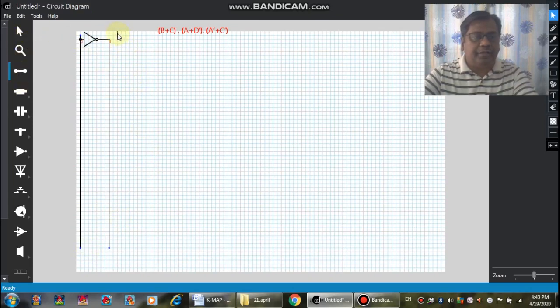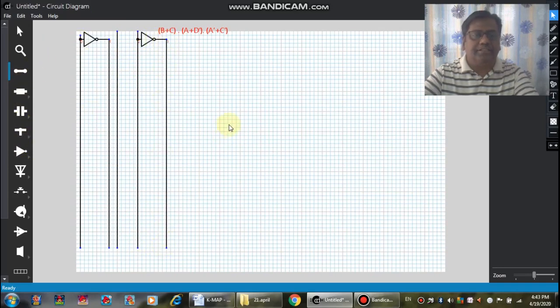Next we will create a line for B. We will create a line for C. C needs a complement, so we will create a complement over here, and after the complement we will create a C complement.